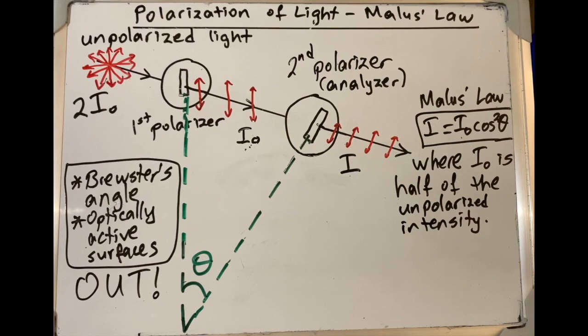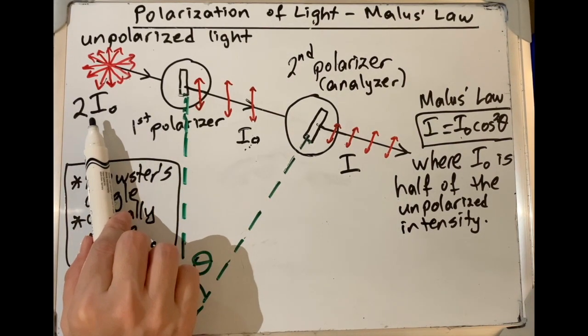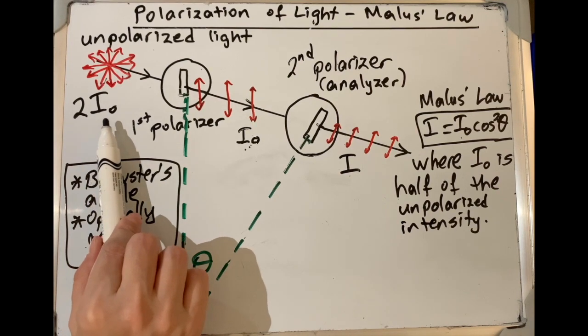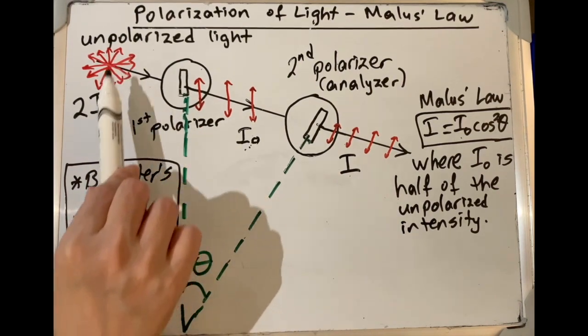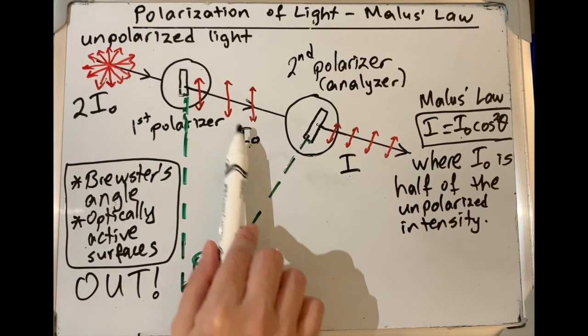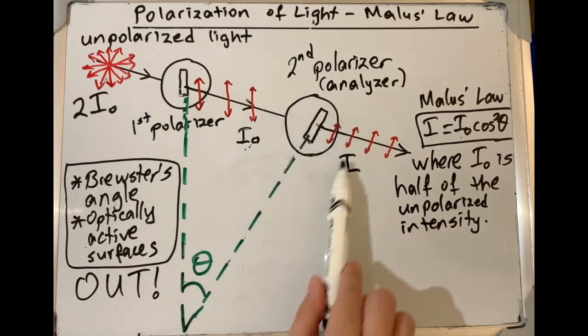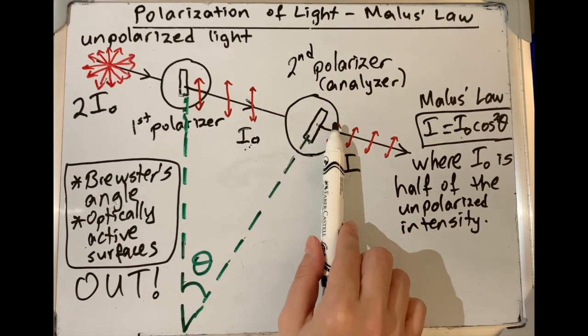And another reminder that I'd like to give you is to always check whether the incident light is polarized or not. Some questions will give you incident light which is already polarized. So you have to check for its axis of polarization and calculate the intensity after the first polarizer that's given. And if there's a second one, you have to apply the Malus's law again.